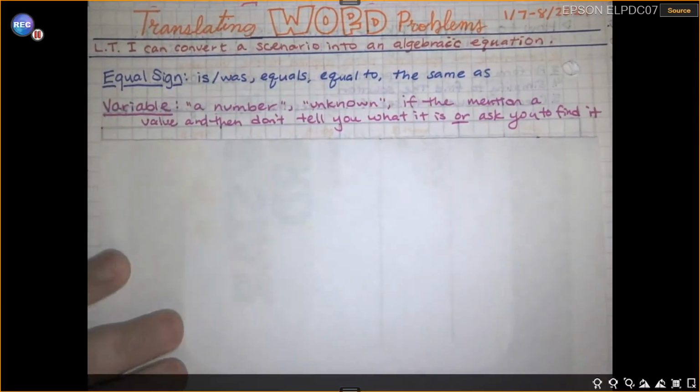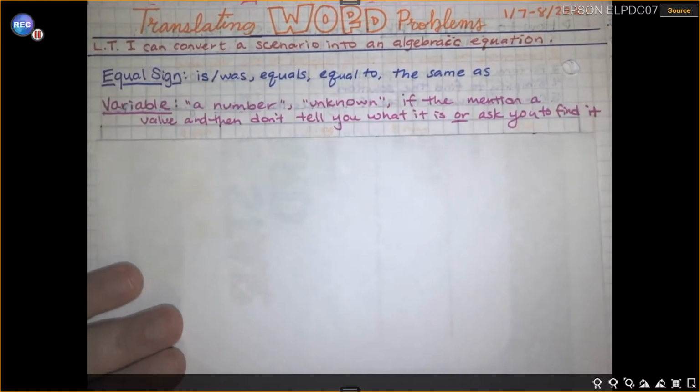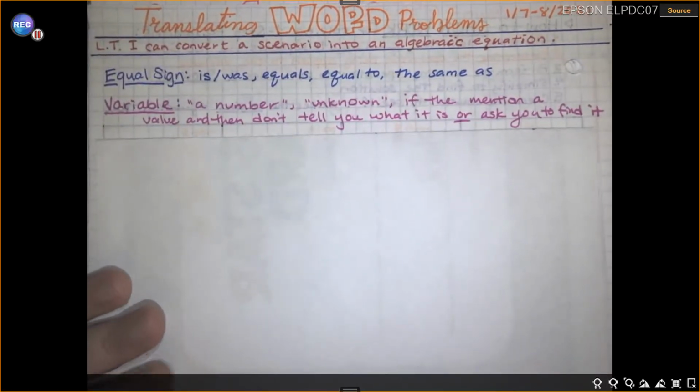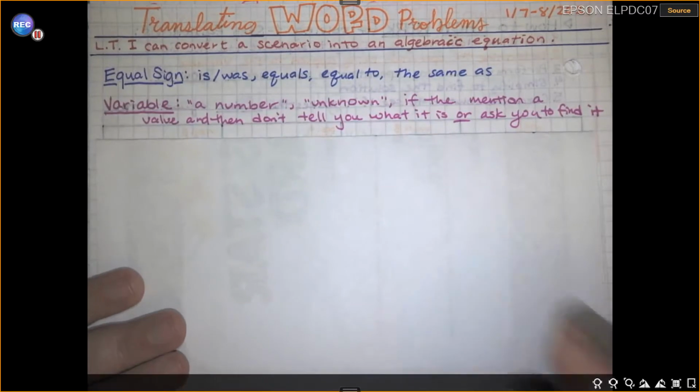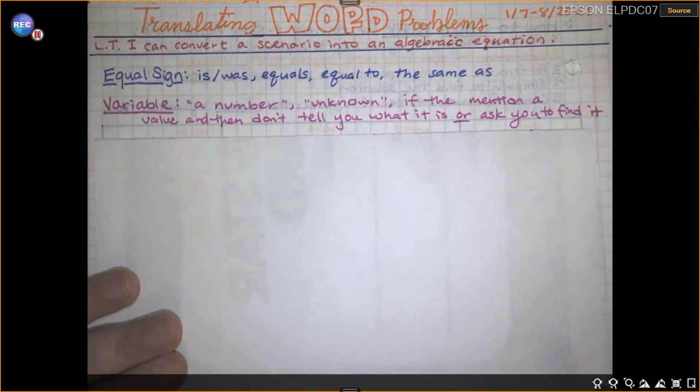For example, if they say the width is something, something, something, but they never actually tell you what the width of the thing is, that implies it's unknown. Or, if at the end they say, please find the width, then they asked you to find it, so it must be unknown, and you should use a variable.